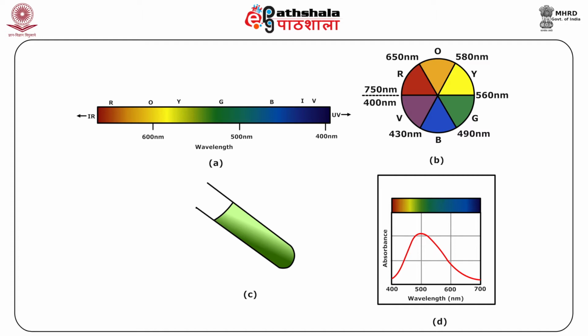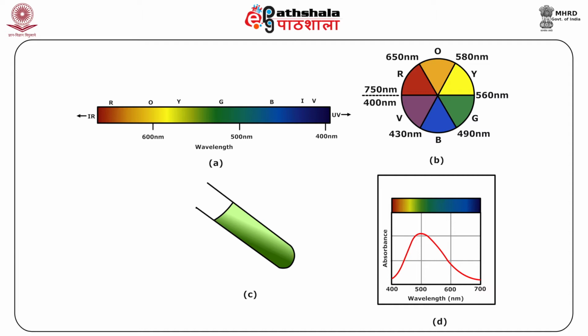Consider the titanium octahedral complex, which absorbs in the green and yellow part of the spectrum and appears violet, which is the resultant complementary color.